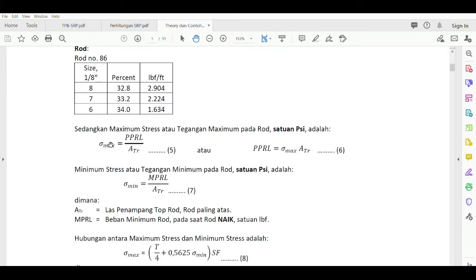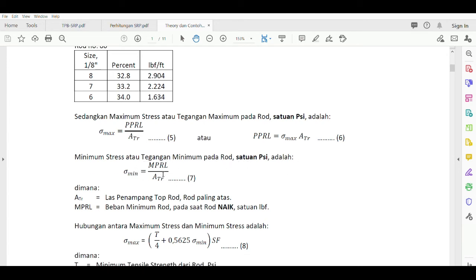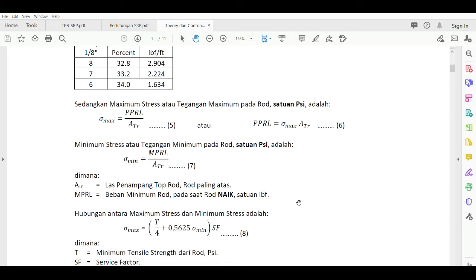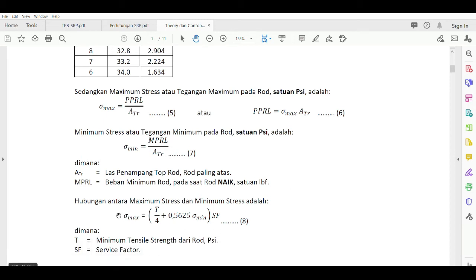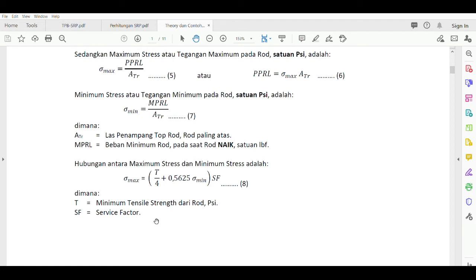And then the maximum stress, tau max, is PPRL, as we already mentioned. PPRL is this number, and for the minimum we have the MPRL divided by the area of the rod. MPRL occurs when the rod moves up. So this is the equation between tau max and tau min. T is tensile, SF is the service factor, which we already mentioned yesterday.